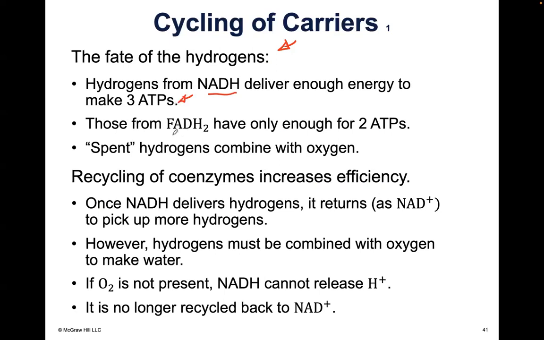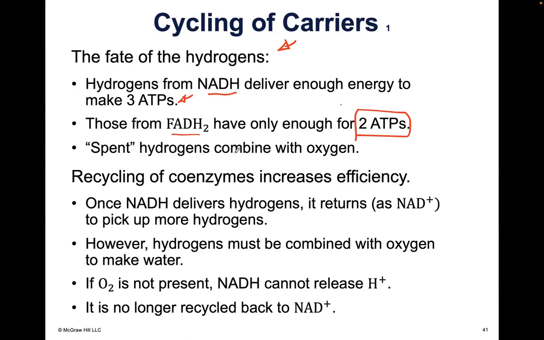The energy from FADH2 is only enough for 2 ATPs. That was the reason I told you before that NAD plus is usually wanted to be used and reused again. FADH2 has very little energy and could only produce 2 ATPs, while NADH could produce 3 ATPs.